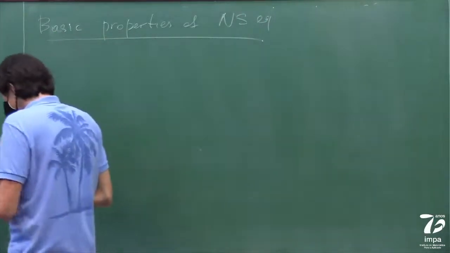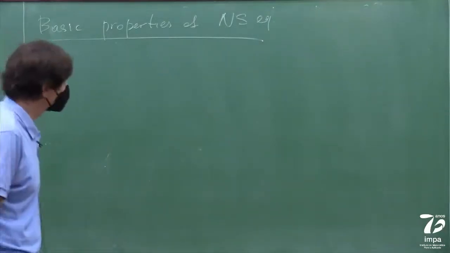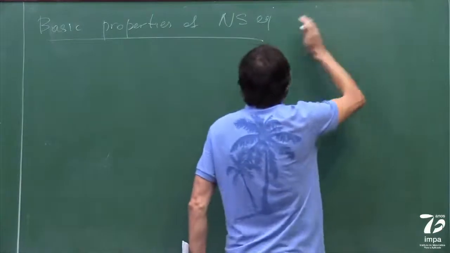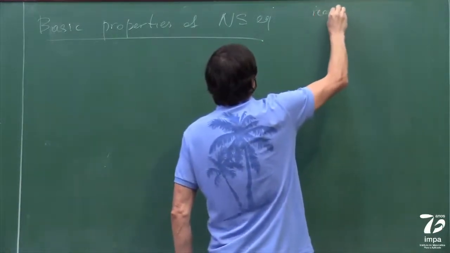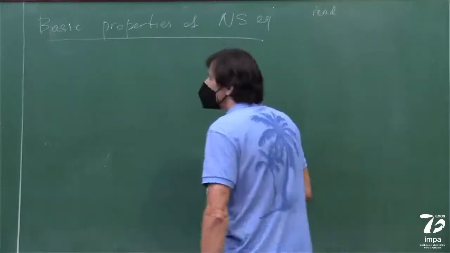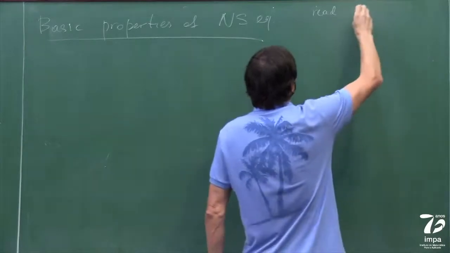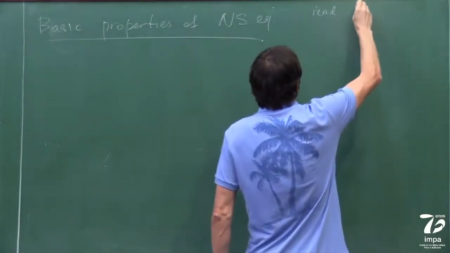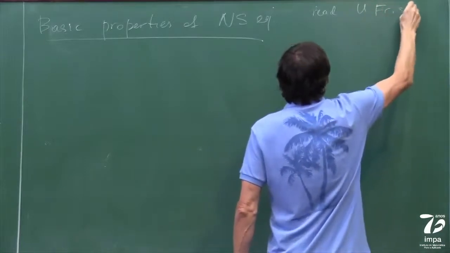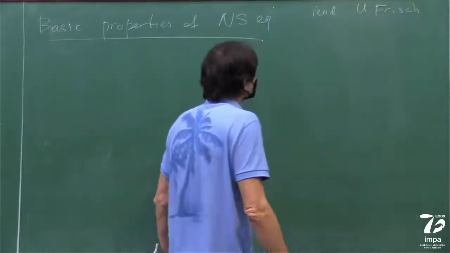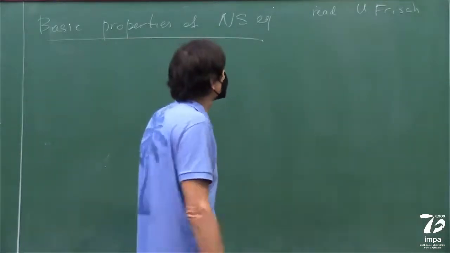So what I would suggest you to do in any way is to read in parallel the book. I will not follow this book in the rest of the course, but for what we will be talking about now, read the book of Uriel Frisch about turbulence. I don't remember.